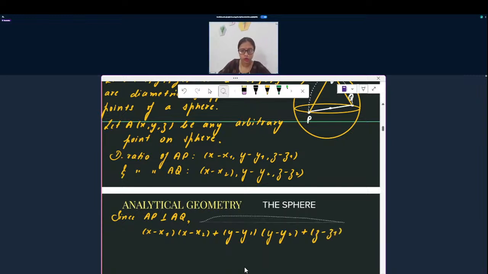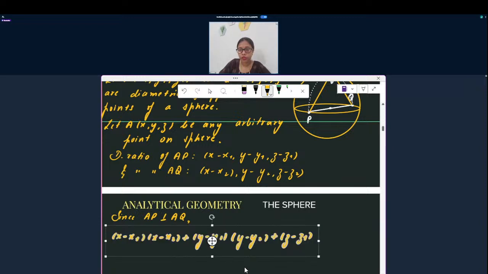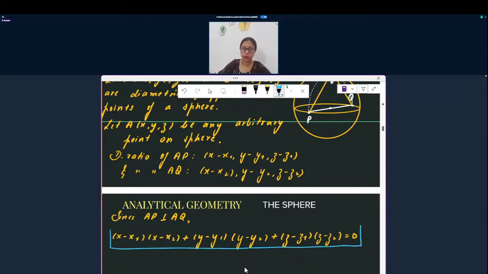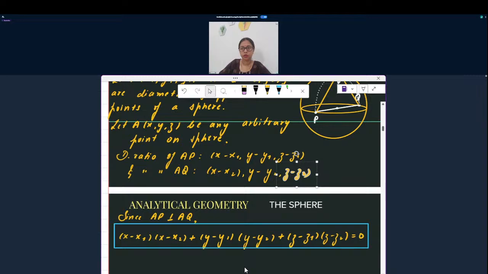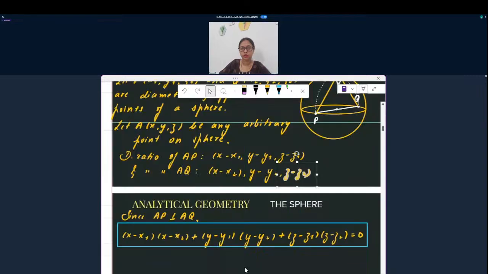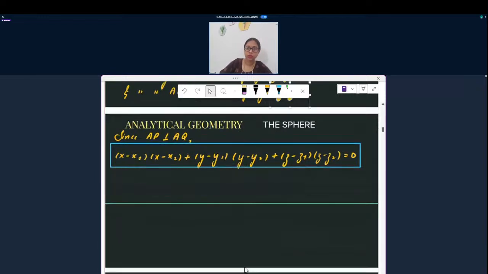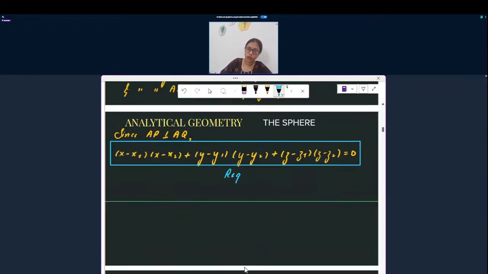I will not open it, right? This is the equation with 2 points, the equation in diametric form. Next, this is the required equation of the sphere.